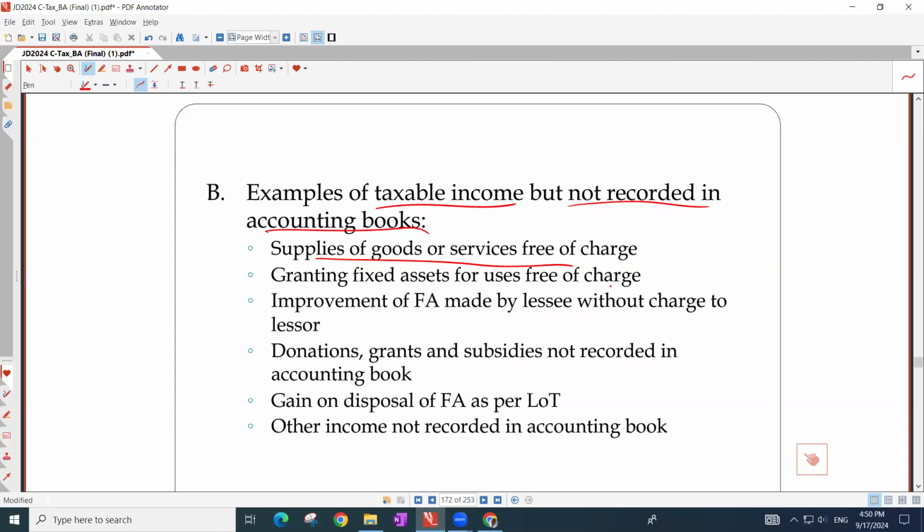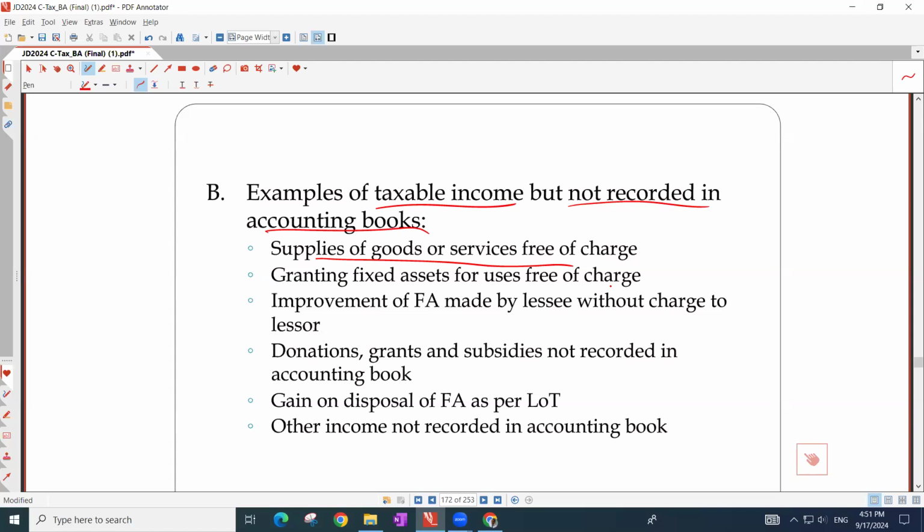You are the lessor, you lease an asset to someone, and the lessee makes a permanent improvement that increases the value of that asset. Then you also need to record this increment as taxable income. You pay tax.